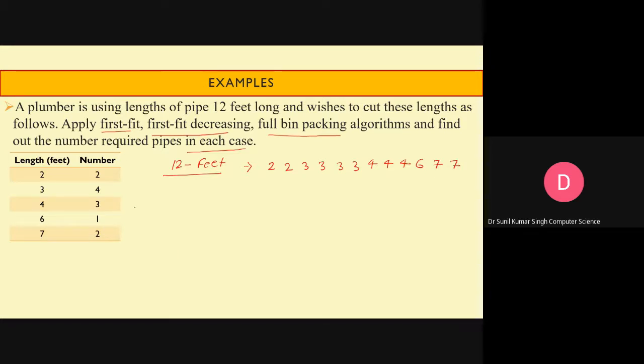Now before applying the first fit algorithm, just check the lower bound. So what will be the lower bound?